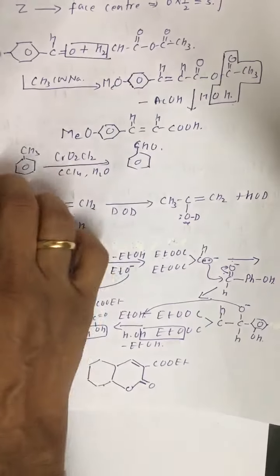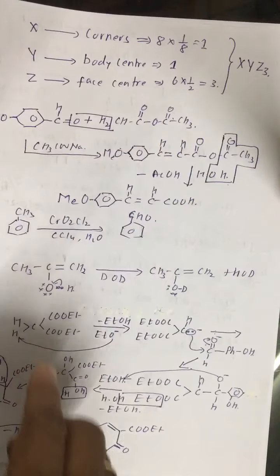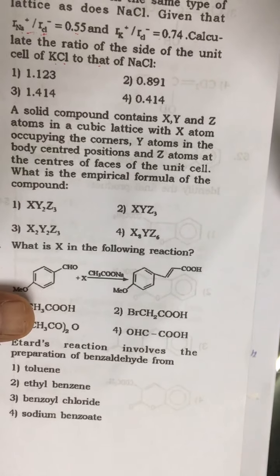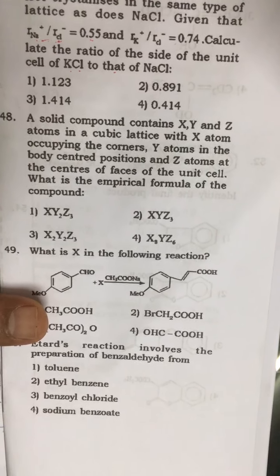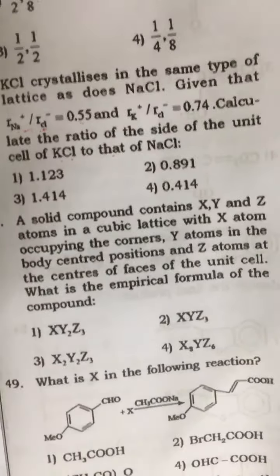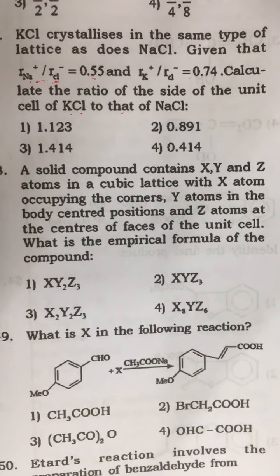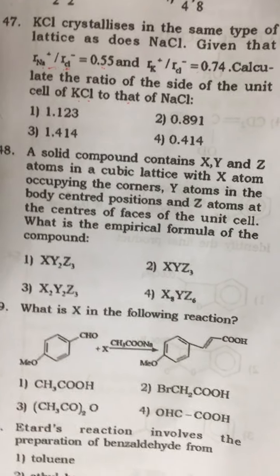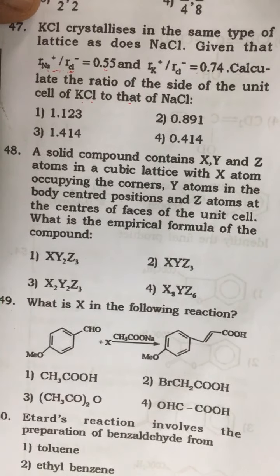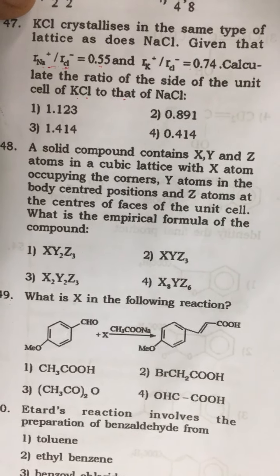Now look at question number 48. It is comparatively a simple question. A solid compound contains X, Y and Z. X occupies corners, Y at body center and Z at faces, what is the formula?